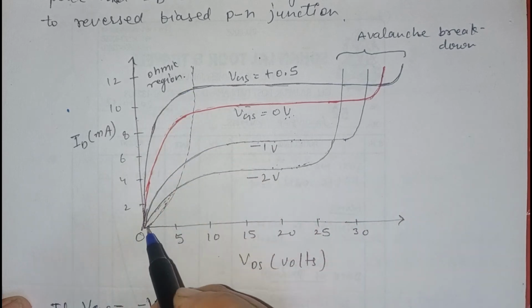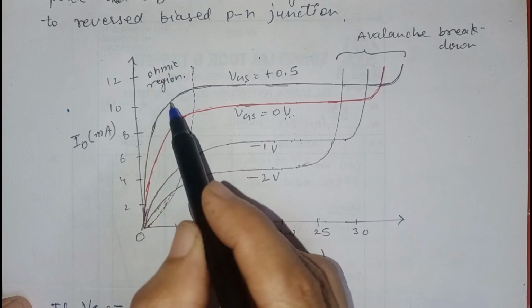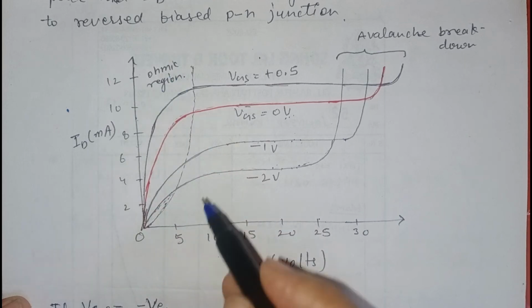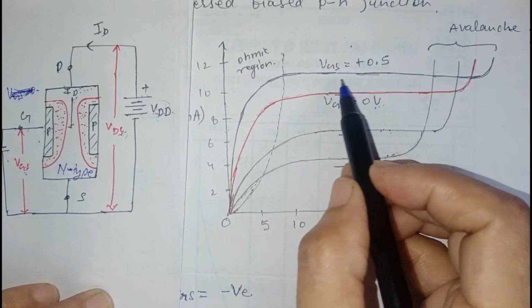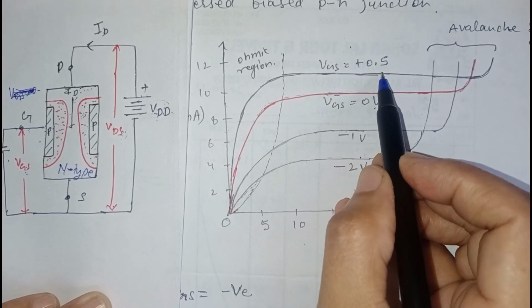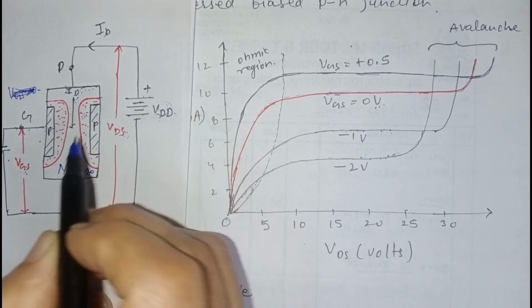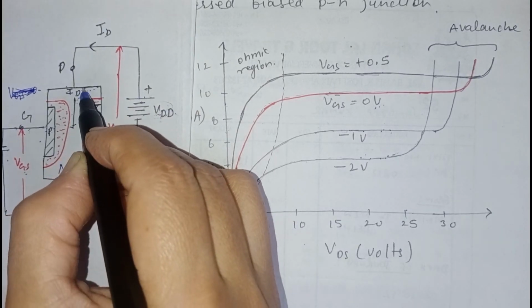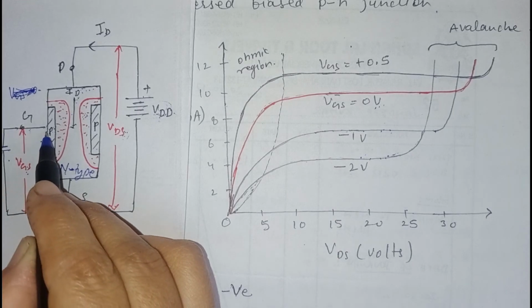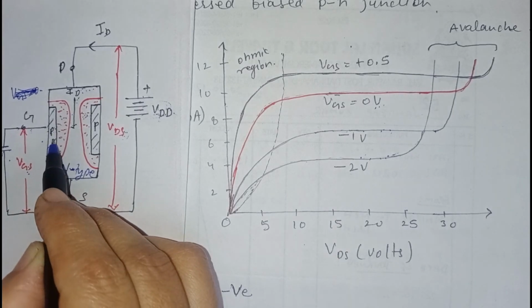Here we can also see that the range of this ohmic region is also reduced if we increase the negative gate bias. Now suppose we are providing a positive bias at the gate. As we can see in this diagram, this VDD is reverse biasing the drain, and if we provide a positive bias at the gate, this will forward bias the junction.